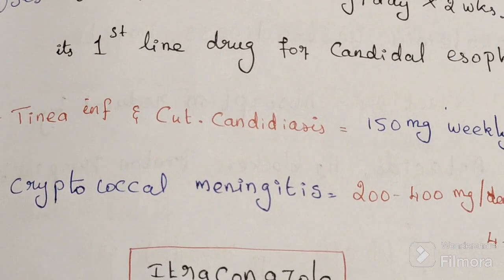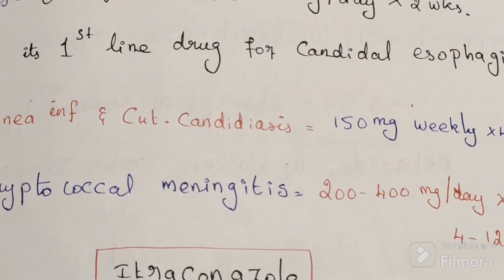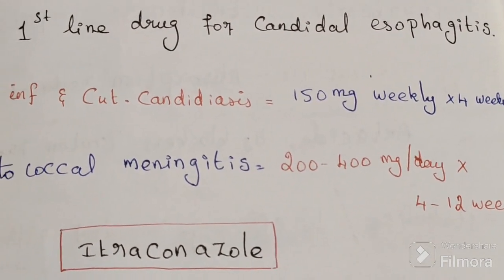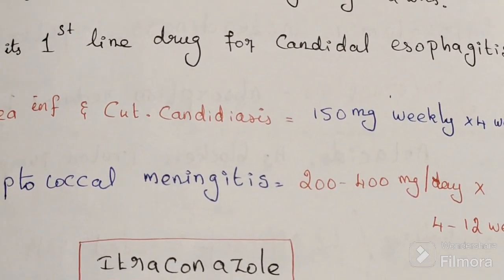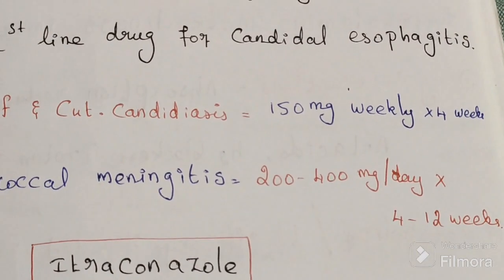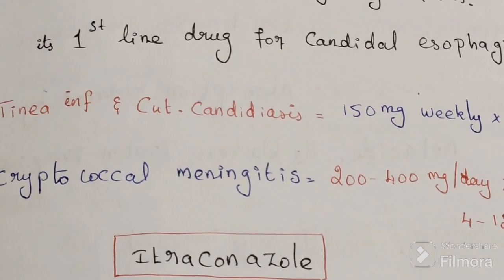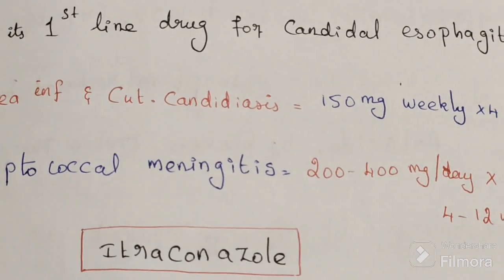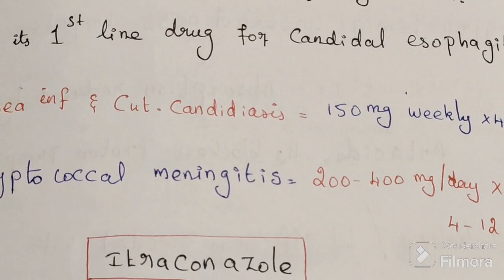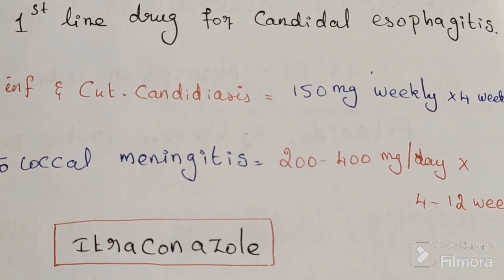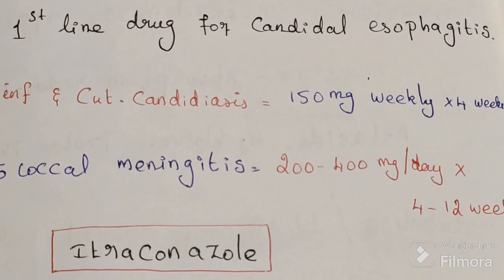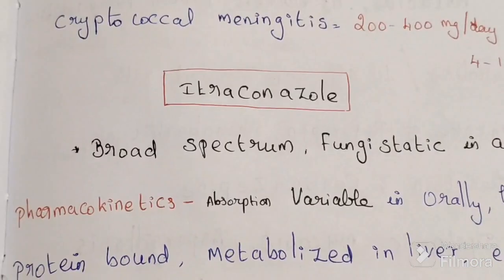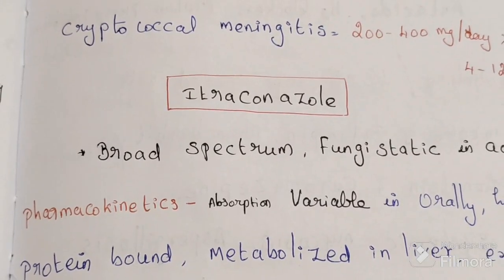For tinea infection and cutaneous candidiasis, we use 150 mg weekly for 4 weeks. For cryptococcal meningitis, we use 200 to 400 mg daily for 4 to 12 weeks.